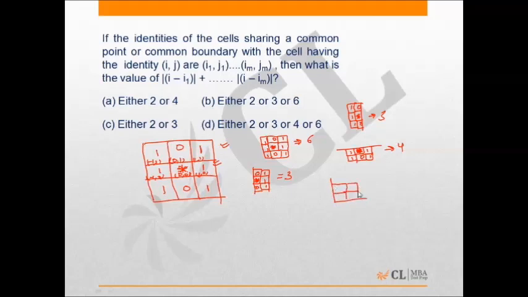Then we'll have 3 cells adjacent to it. All these values are according to this system only, right? So the value will be 0, 1 and 1, which gives you 2. So I have 2, I have 4, I have 3, I have 6. So it could be either 2 or 3 or 4 or 6. So these are the 4 possible cases.